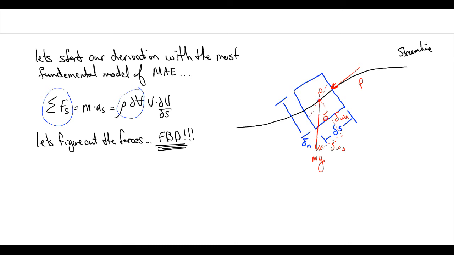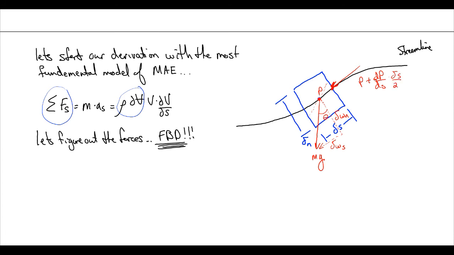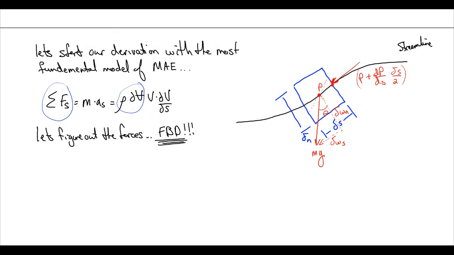So we're going to say that the pressure on this end of our differential area is equal to the pressure in the middle plus the slope of our pressure, dP/ds, times the differential s divided by 2, because we're only going half the distance in this direction. And then again, we have to multiply that by the area. So we're going to assume we have some differential y into the page times a delta n, which is our normal width of this thing. Great. So that's that one.